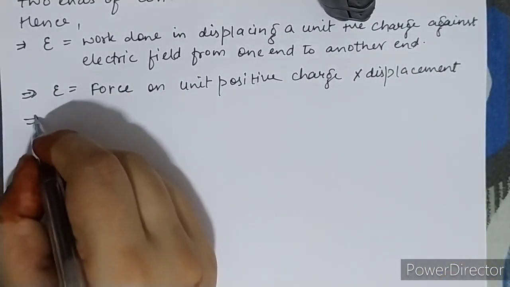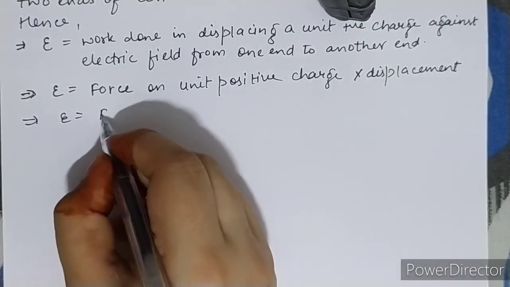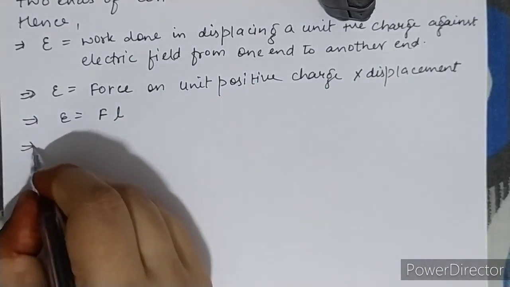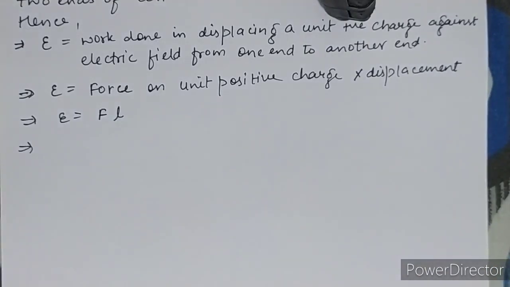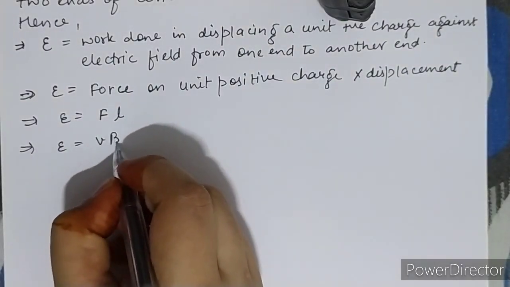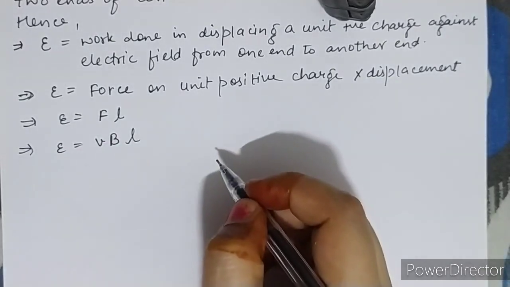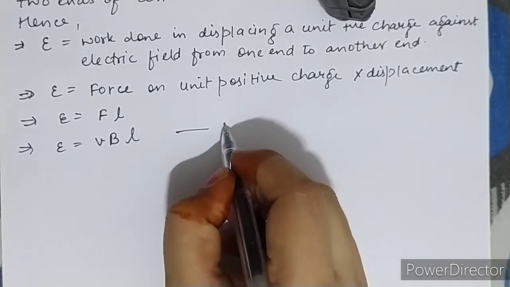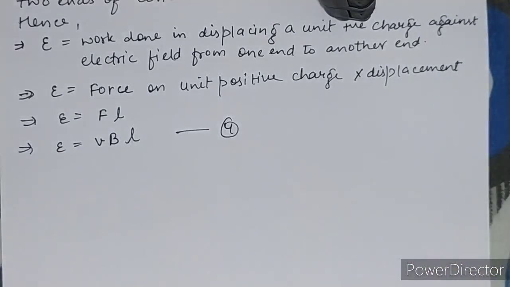So like this, e is equals to FL. Now what is the value of F? F is equals to q into V cross B. Okay, and q will be your unit positive charge, so it will be only VB. So e is equals to VBL. Okay, so it will be equation number 4.